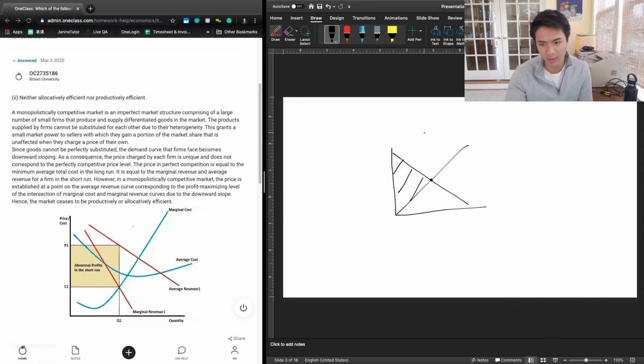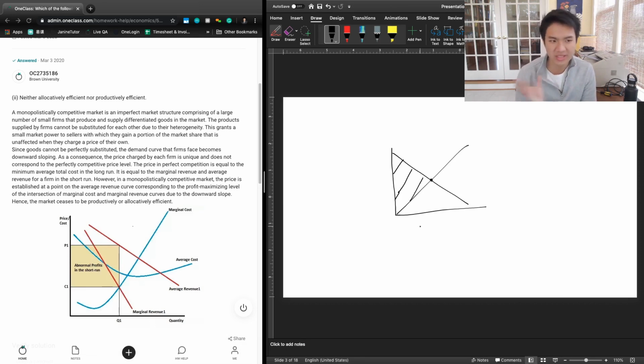So anytime we deviate away from a perfectly competitive equilibrium, such as in the case of a monopolistically competitive firm, we are deviating away from allocative efficiency because this is the only maximum allocatively efficient point.